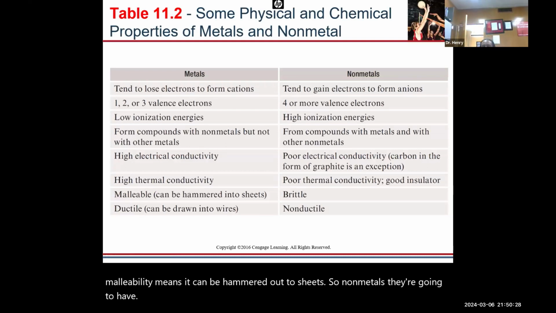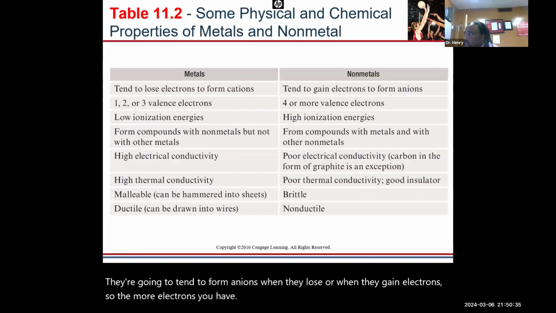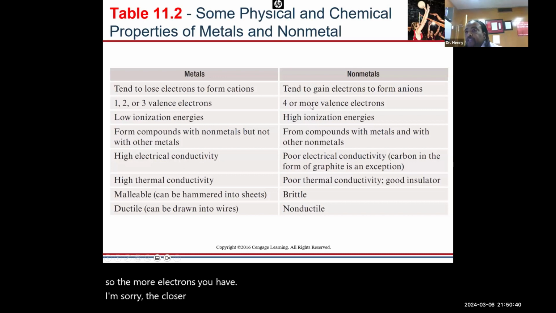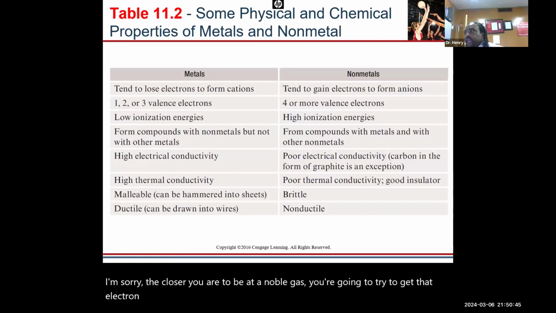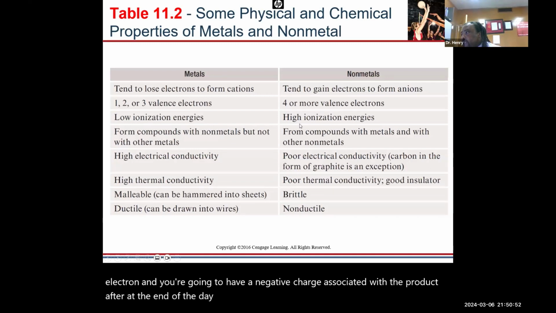So nonmetals tend to form anions when they gain electrons. The more electrons you have, the closer you are to being a noble gas, so you're going to try to get that electron, and you're going to have a negative charge associated with the product at the end. They have 4 or more valence electrons. They have high ionization energy.